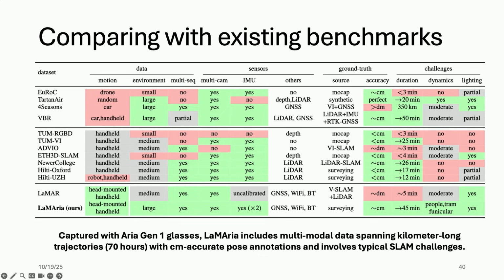We found that existing datasets used by classical SLAM research often overlook the specific characteristics of egocentric data from modern wearable devices, and they mainly rely on curated datasets for development, featuring very controlled viewpoints and restricted motion patterns. However, our newly introduced dataset includes multimodal data spanning kilometer-long trajectories with centimeter-accurate pose annotations, and involves typical SLAM challenges.